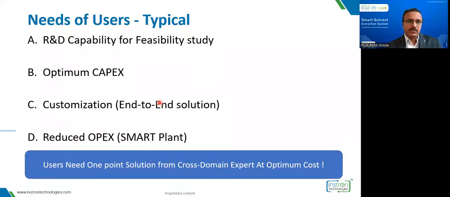Basically, the supplier should have R&D capability and should help the client with optimum capex. Customization is another need for extraction kinds of plants, and again the opex should be minimum, as it's the smart way. I will take you through the smart plant concept later. So the user needs one point solution from cross-domain experts at optimum cost.